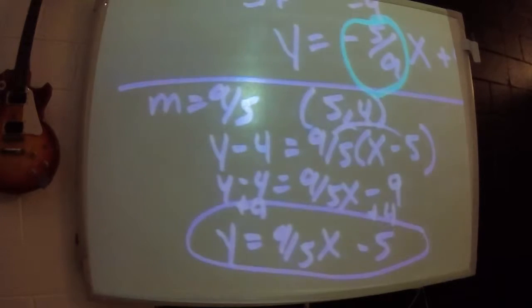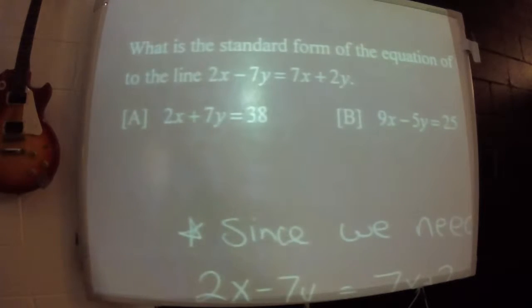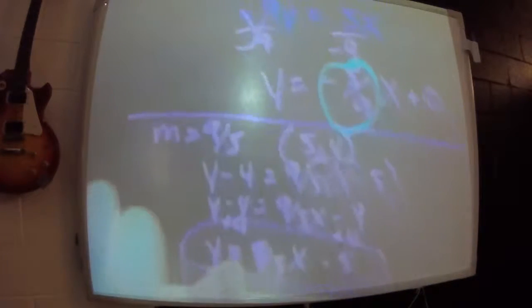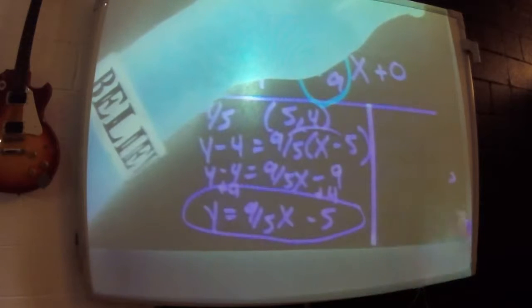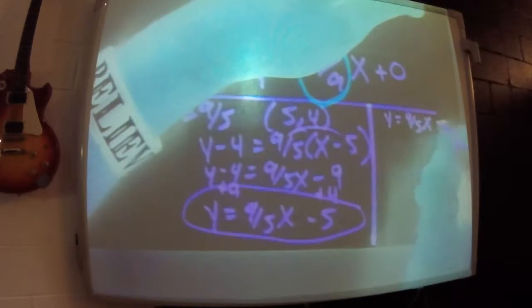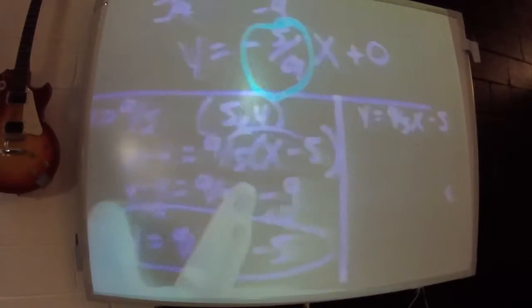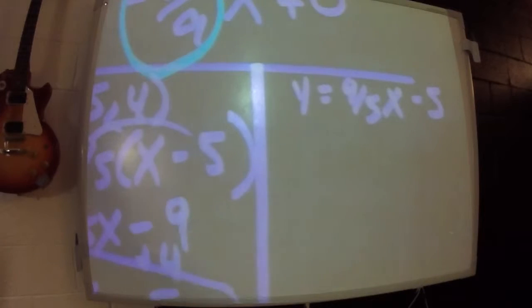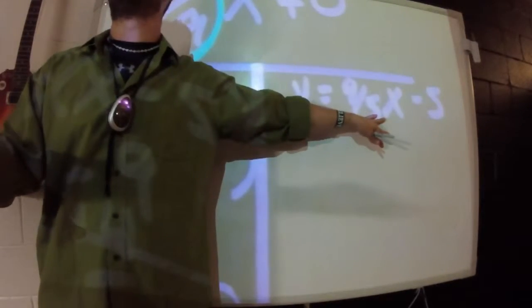But do we want y equals mx plus b, or do we want standard form? Standard form, which means more work is required. So on the side here, y equals 9/5 x minus 5. What I've been telling some of you as you've worked ahead is if you're doing standard form, you might just want to kill fractions as soon as possible.